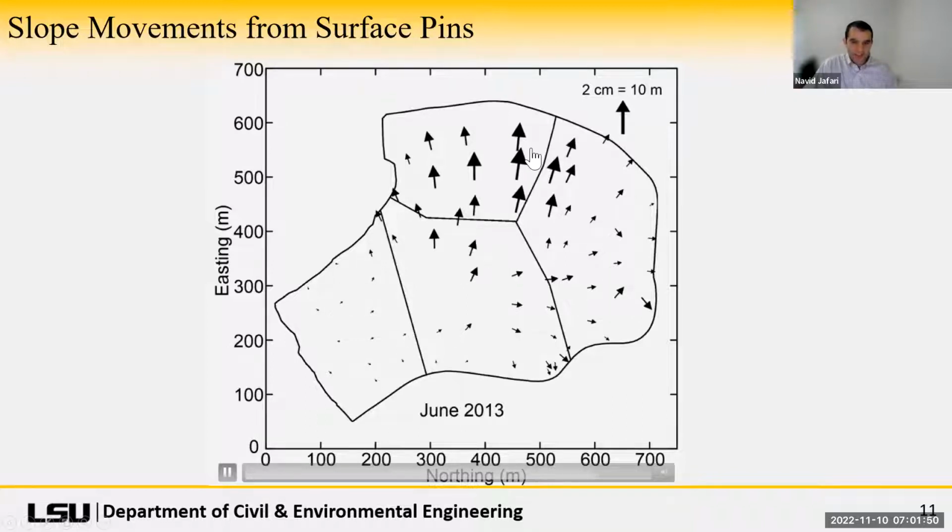These arrows are the direction of movement, but they are also an indicator of how much movement. The legend here at the top right shows that this size arrow, which is 2 centimeters in the paper itself, or if you look at the diagram size, is equal to about 10 meters. So there are some locations here that have moved over 10 meters from their original location.